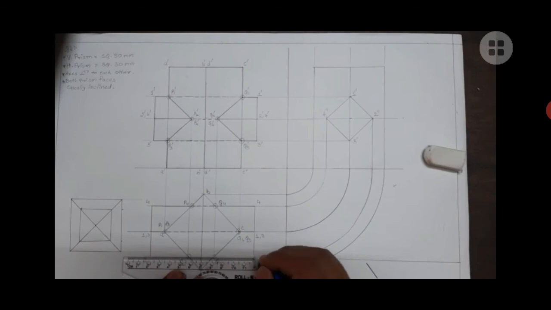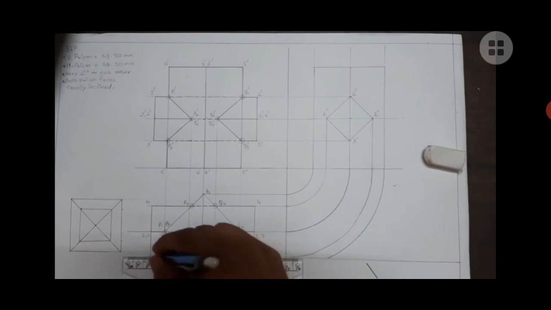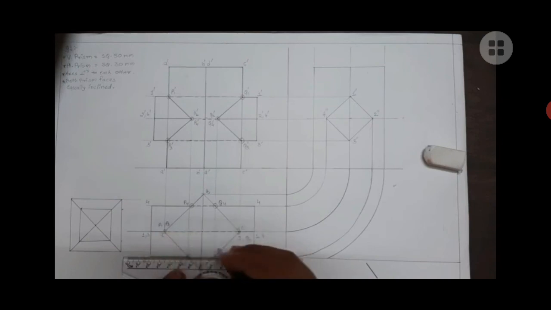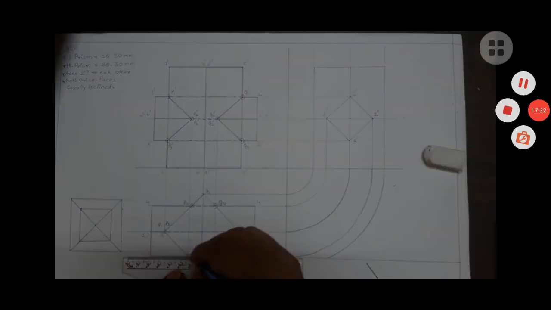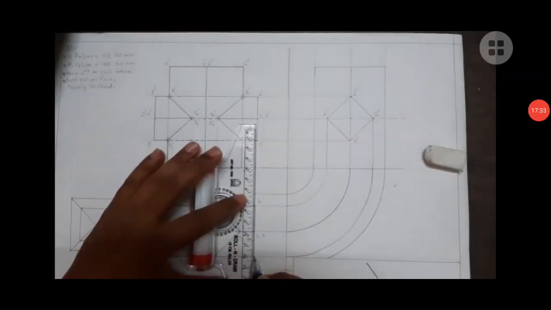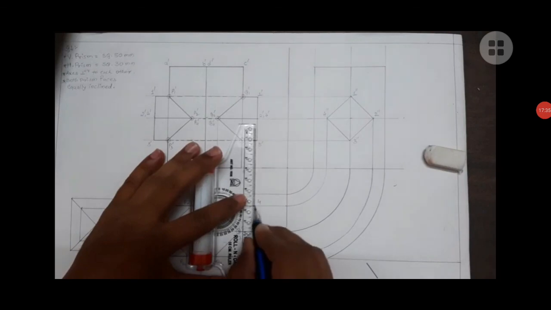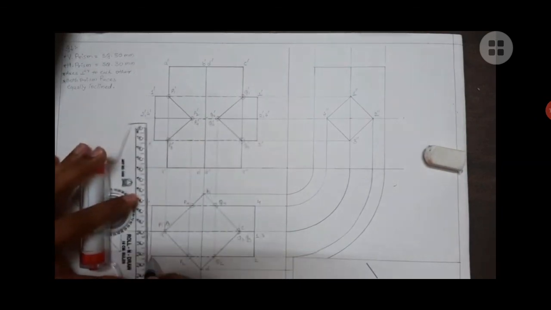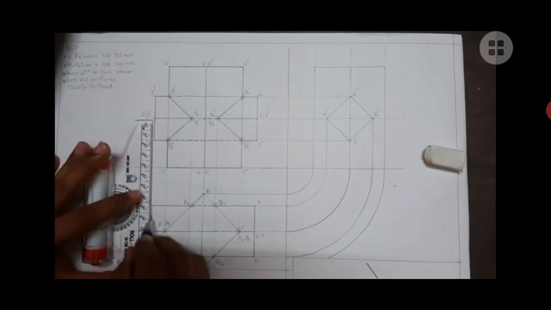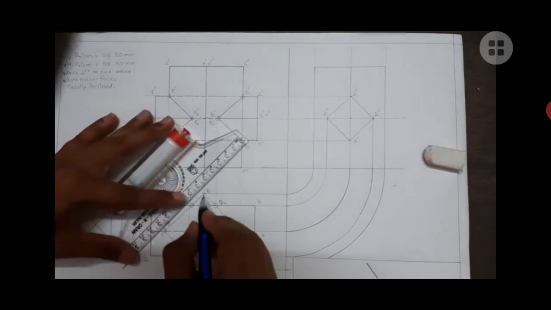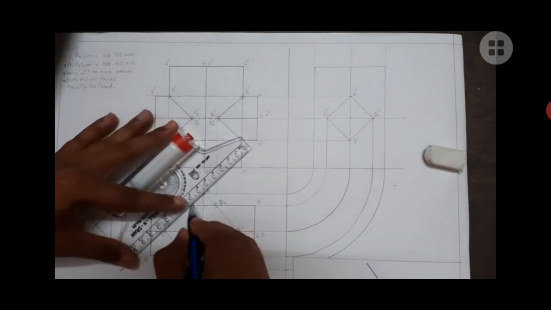This also dotted. So mark the sides. So this is your required final answer.